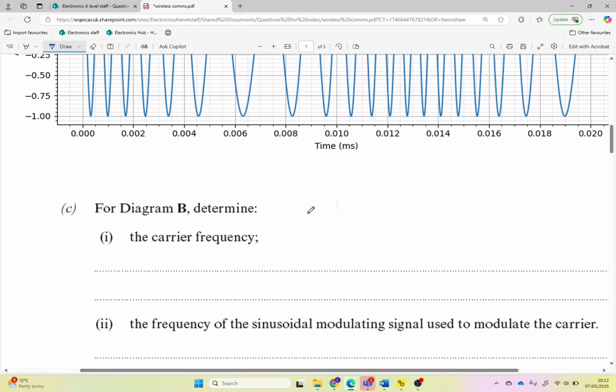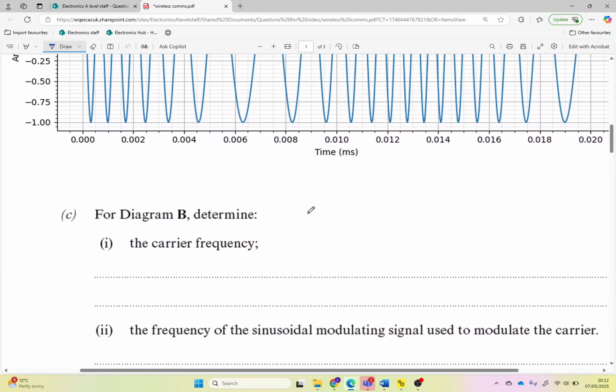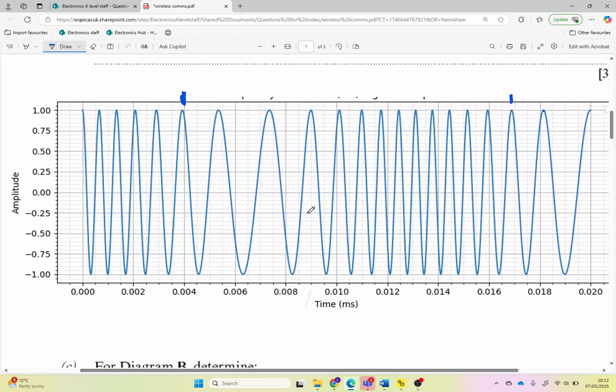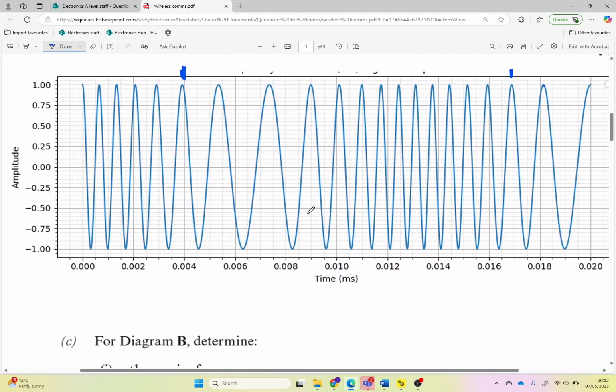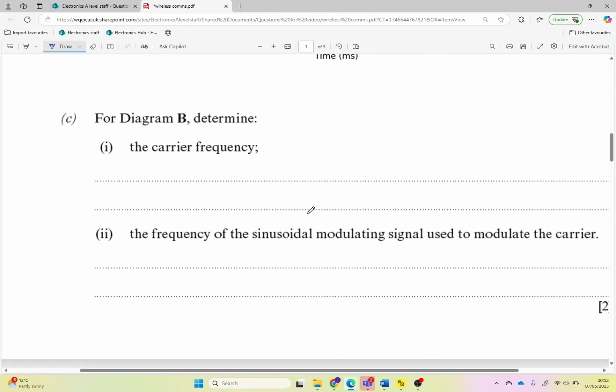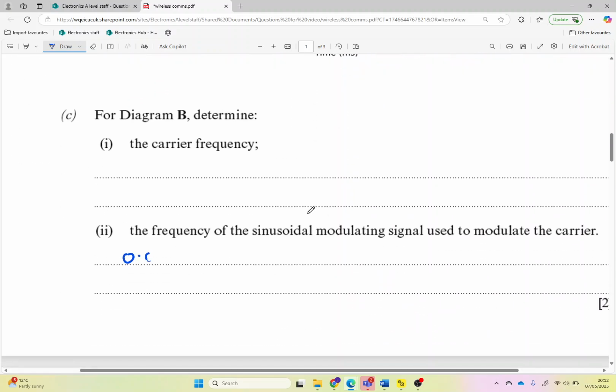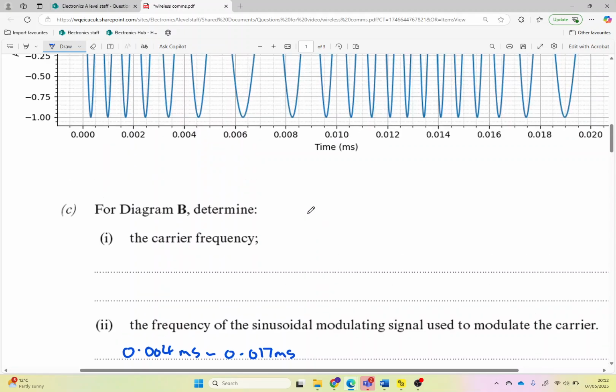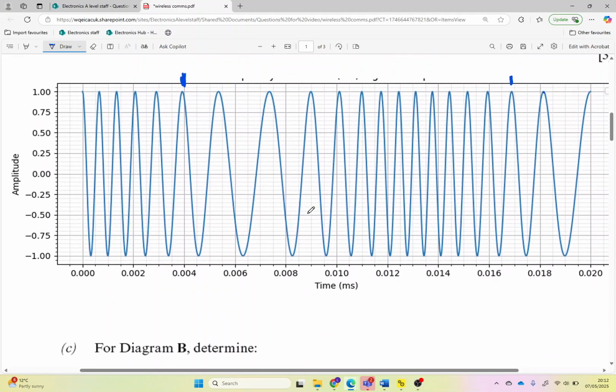So as an approximation, that's 0.004 milliseconds to approximately 0.017 milliseconds. There's a slight error, it's difficult to read on this scale, but that would be 0.017 there. With a slight variation, it's going to be about right.